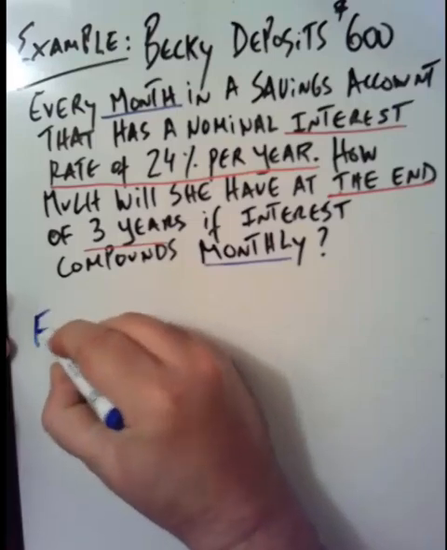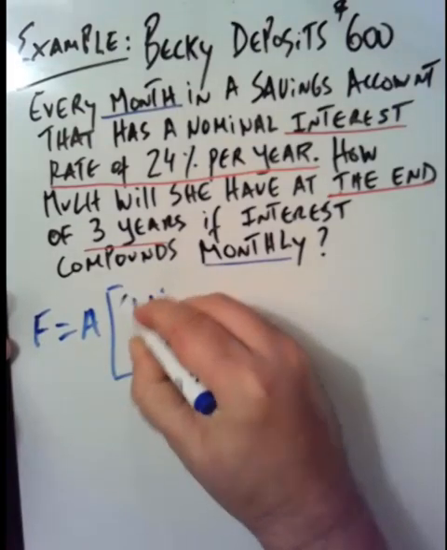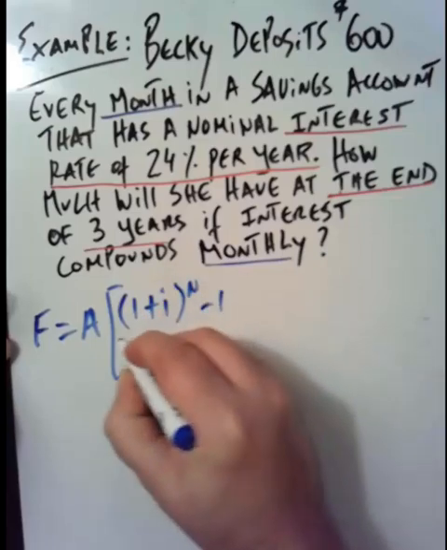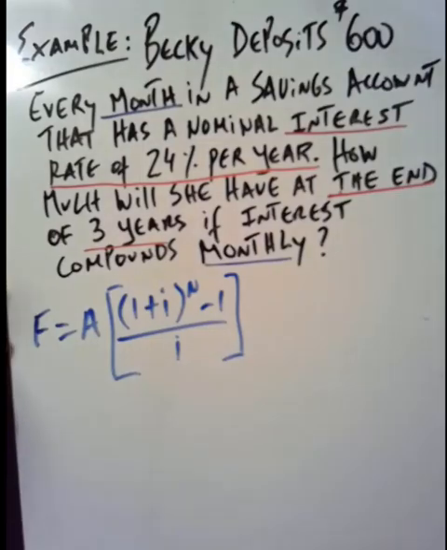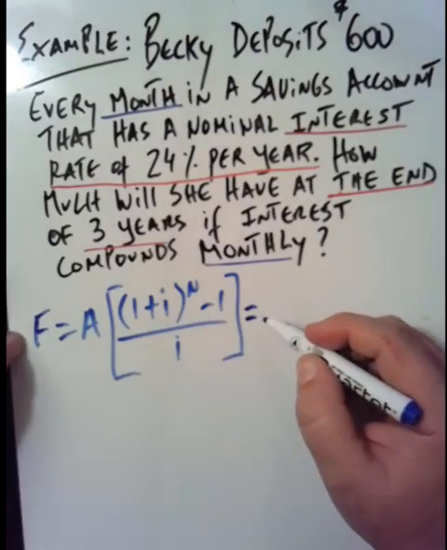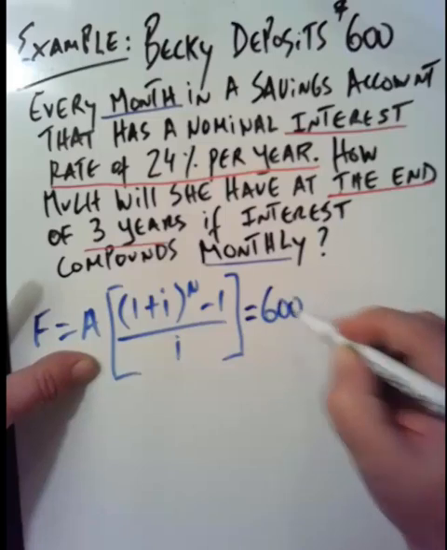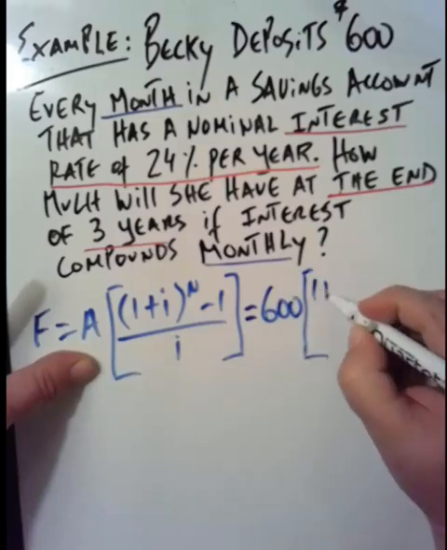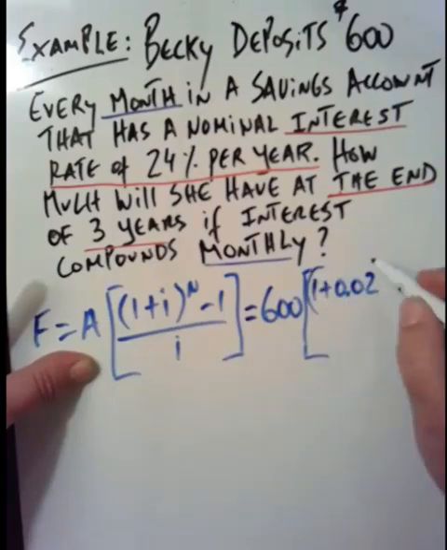So the future value of an annuity formula that we know from chapter 1, and then plug in the data. So we are looking for the future value, given that the annuity is $600, the interest rate is 2% per month.